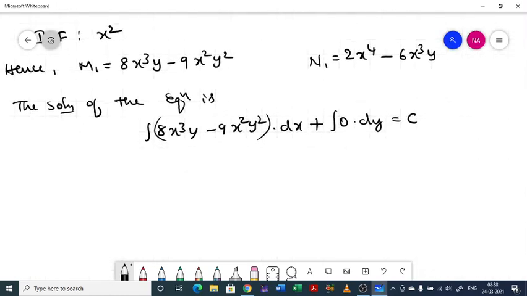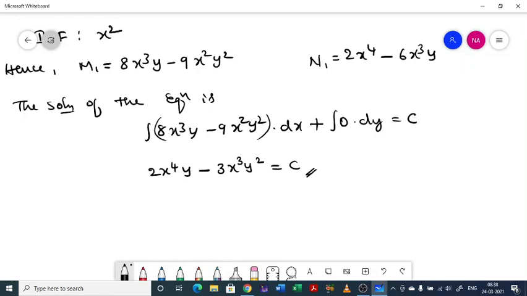So this one, 2 times of 4x cube, right? 4x cube integral is x power 4. So 2x power 4 y minus 3x cube y square equal to c. So this is the required solution.